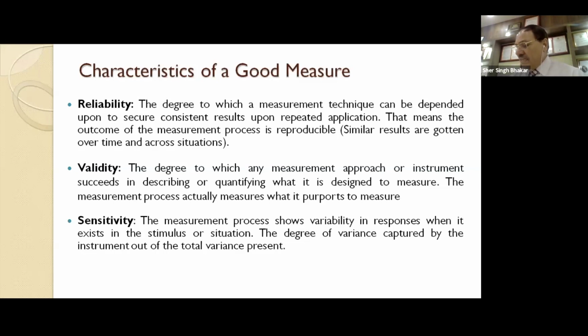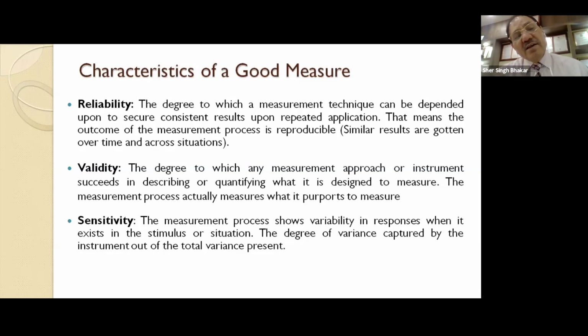Say you use a tape to measure height. When you measure the height of the same person twice, three times, four times, if the height comes out the same, it is reliable. But if the height varies slightly with each measurement, you find that the tape is not reliable.